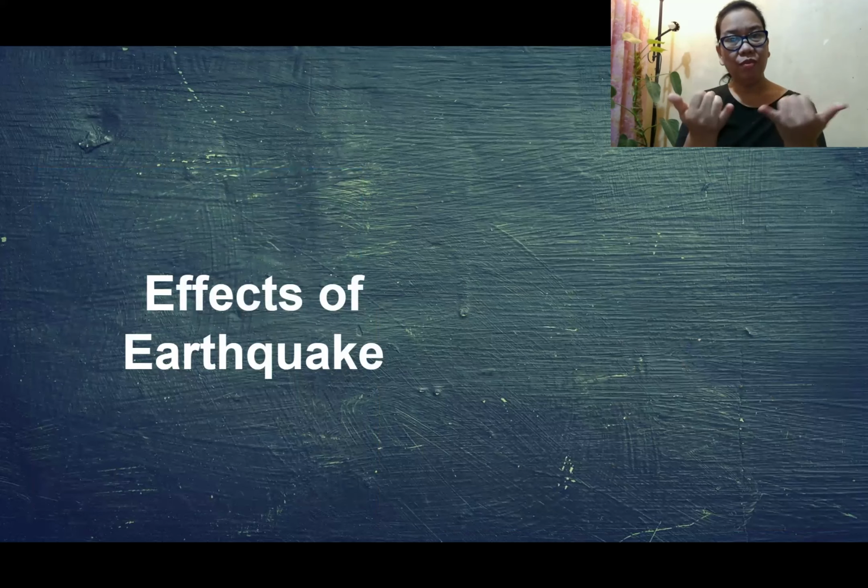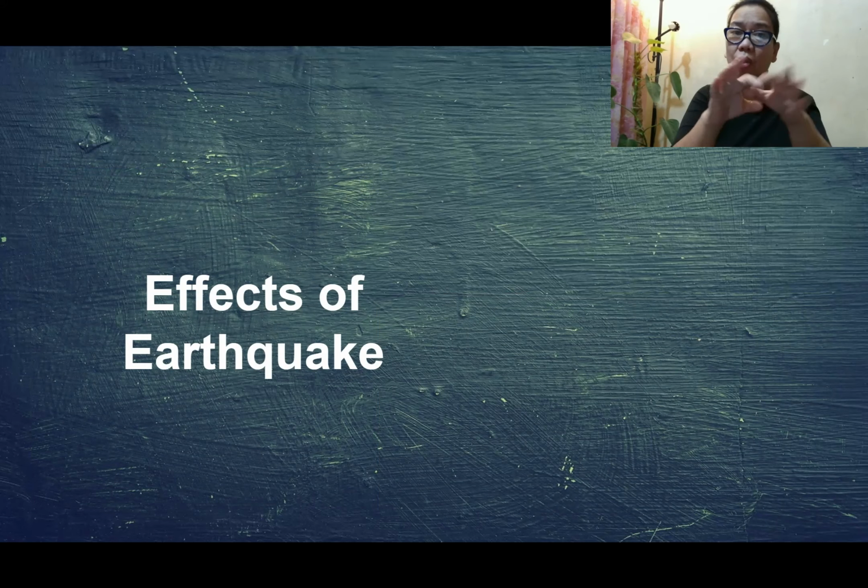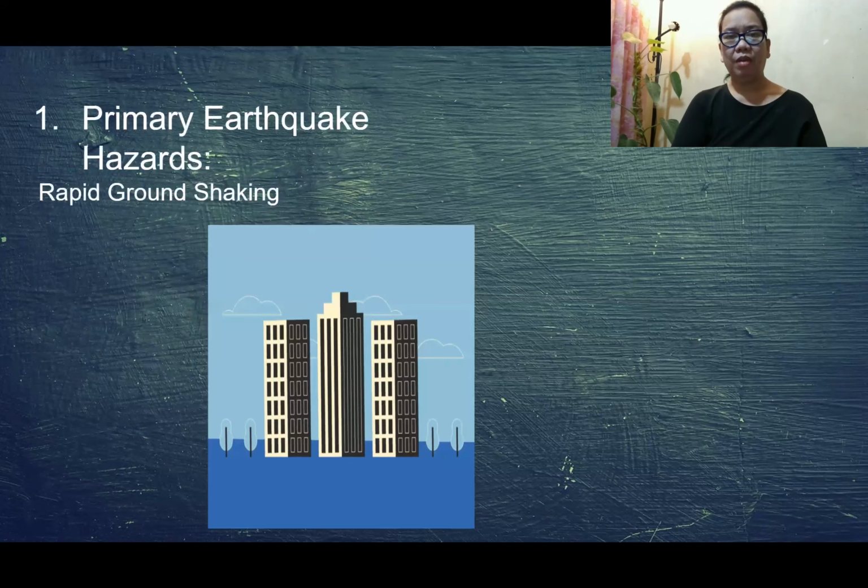Now, what are the effects of earthquake? What happened after the earthquake? We have experienced earthquakes and we have seen so much happening right after. Now, let us try to see. The primary earthquake hazard is what?